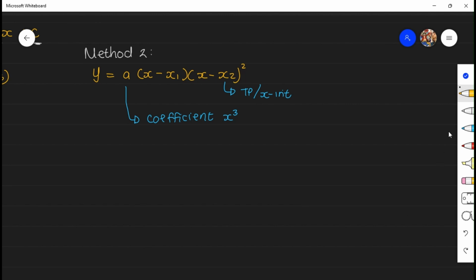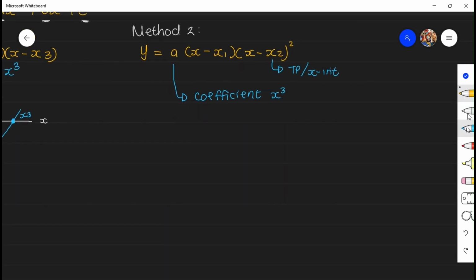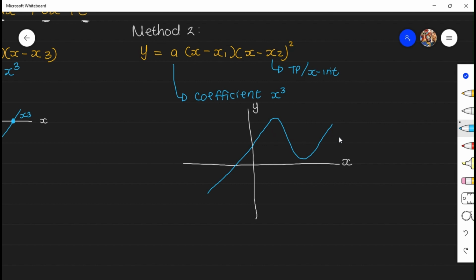So let us sketch that. So if we were to sketch this, let us actually make our sketch similar to the question sketch.